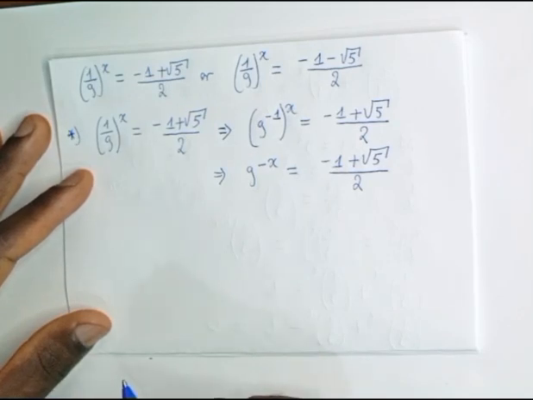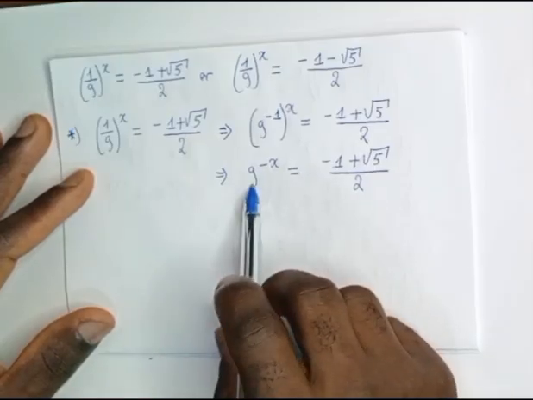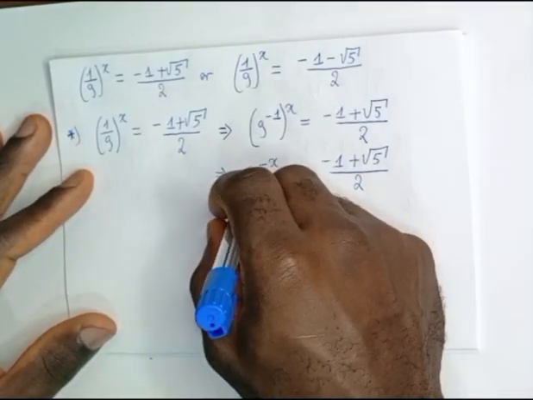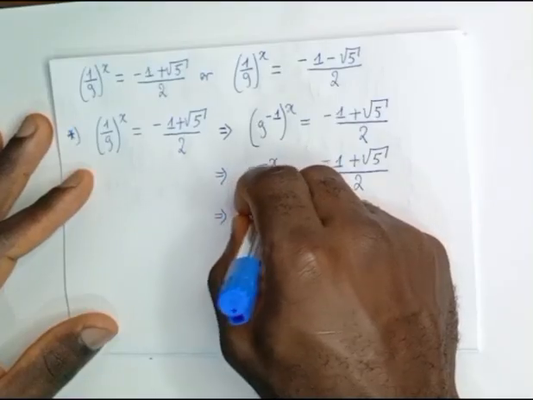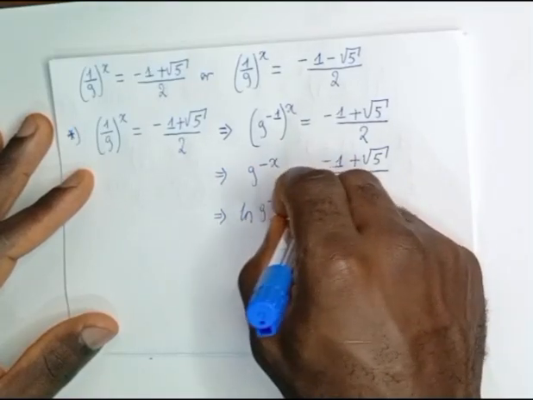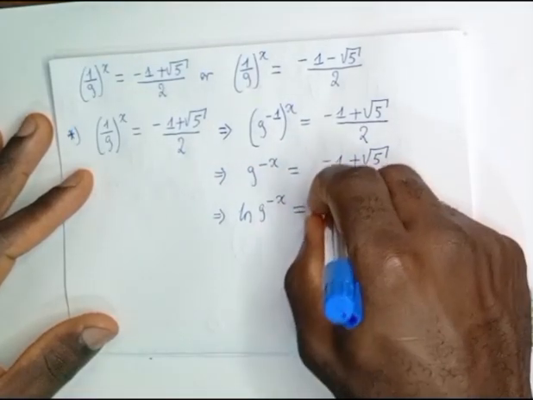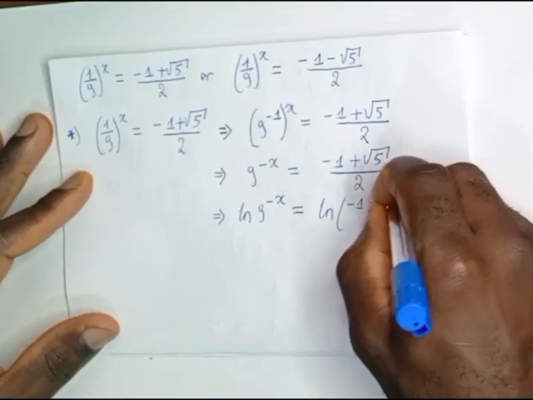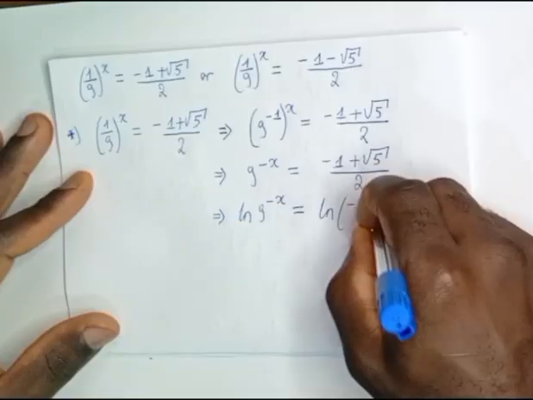Next, what we are going to do is take ln at the left hand side and at the right hand side. Then the ln of 9 raised to the power negative x will simply be equal to the ln of negative 1 plus root 5 all over 2.